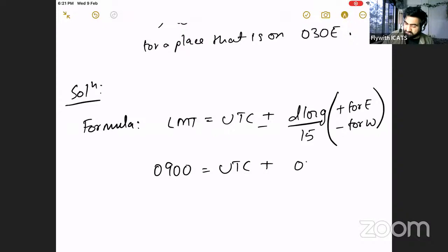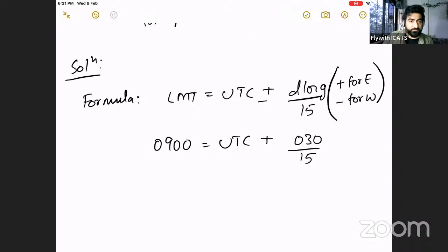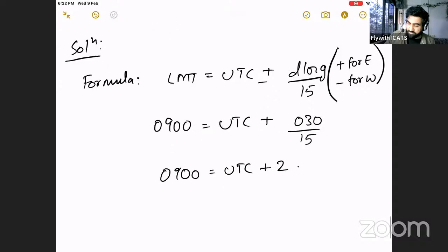And how much is D long? 030, divide by 15, like this. So 030 divided by 15 gives me 2. So 0900 is equal to UTC plus 2.